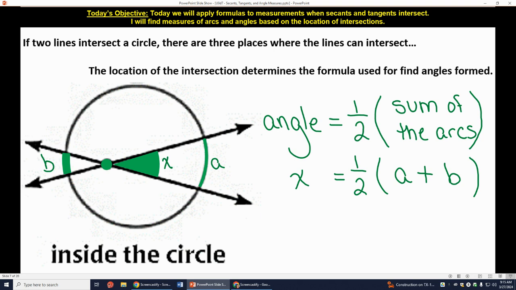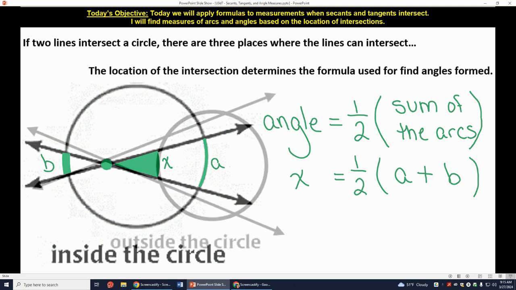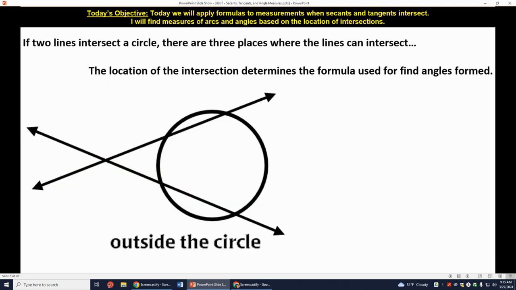So we've looked at the angles on the circle, our inscribed angles, and we've looked at inside the circle when it's not a central angle. Now let's look at what happens if our 2 lines intersect outside the circle. When we're outside the circle, I can see the vertex is an exterior point.